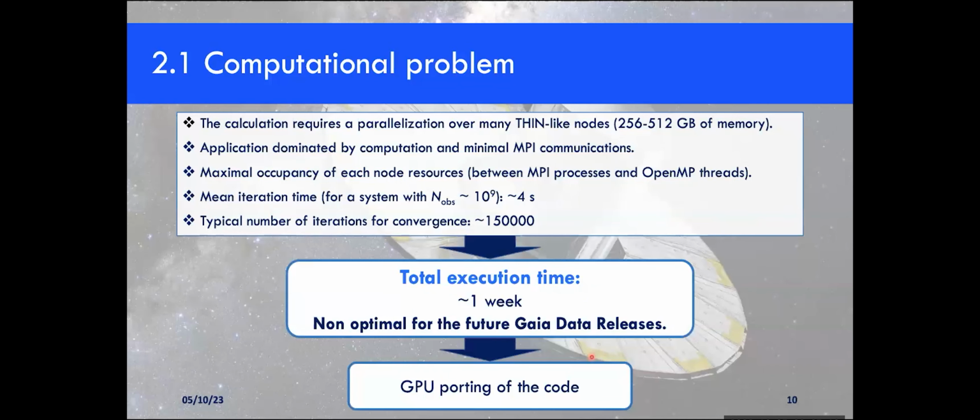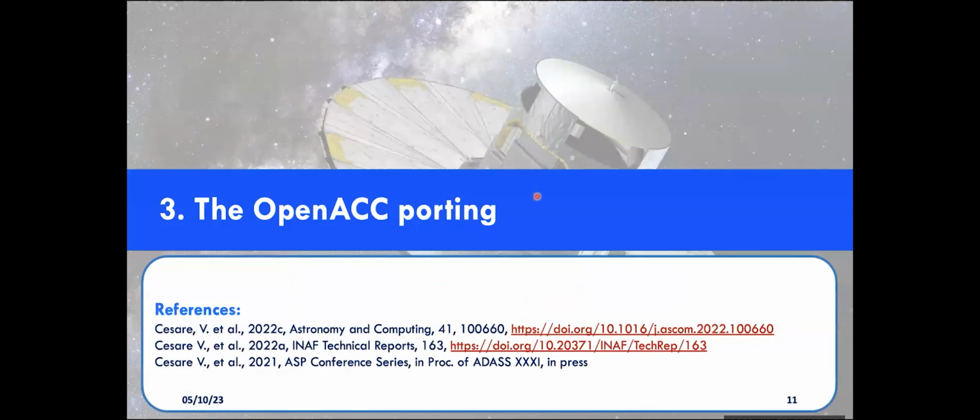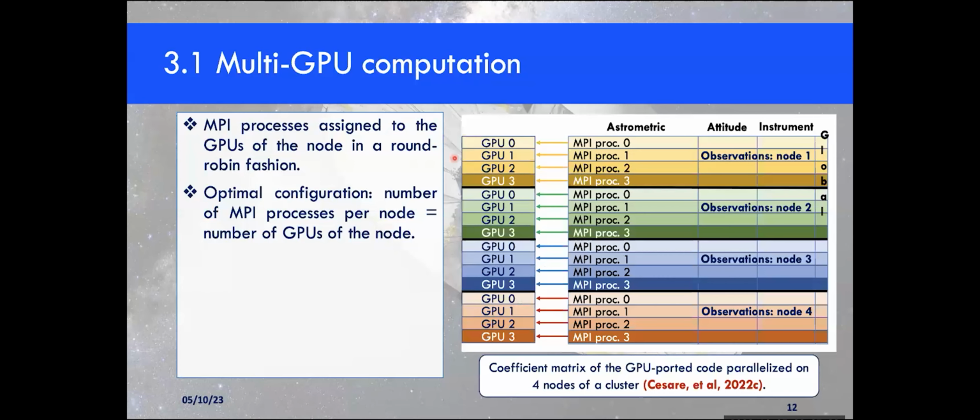For this reason, we decided to port the code to GPU. To perform this porting, we use OpenACC. And these are the works where this porting is described. This code runs on multiple GPUs. Here we can see a schema of the coefficient matrix parallelized on 4 nodes of a computer cluster, where the MPI processes assigned to each node are assigned to the GPUs of the node in a round-robin fashion.